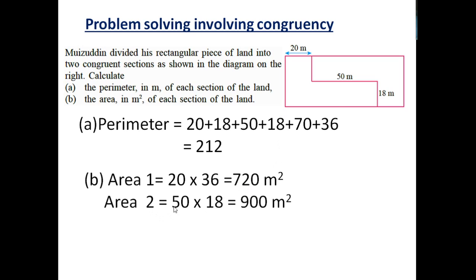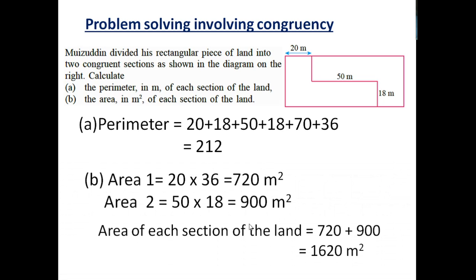Area 2 is 50 times 18, so it's 900. So when you total up the area of each section of the land, you will get 1,620 meters square.